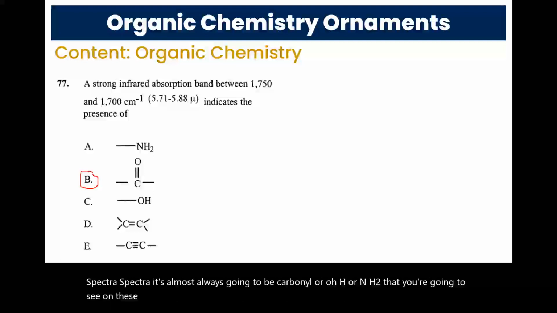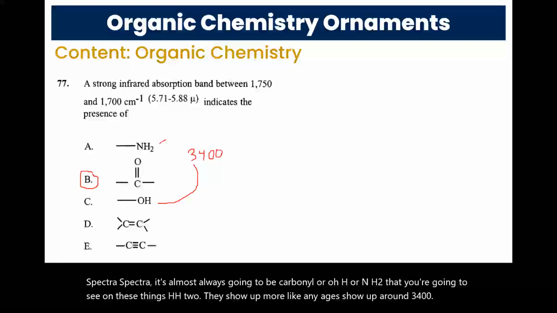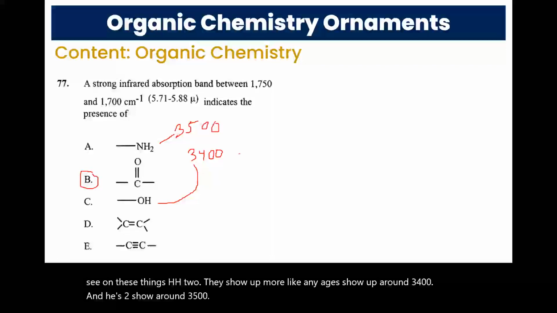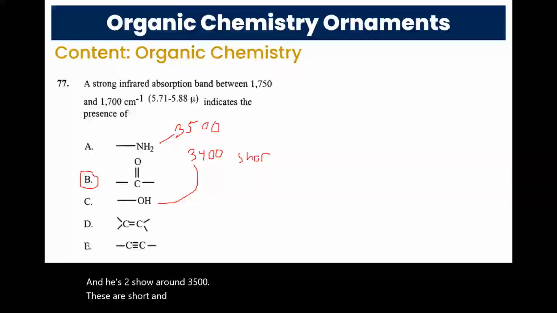It's almost always going to be carbonyl or OH or NH2 that you're going to see on these things. OHs show up around 3400. NH2s show around 3500. These are tall and broad, and these guys are short and broad.